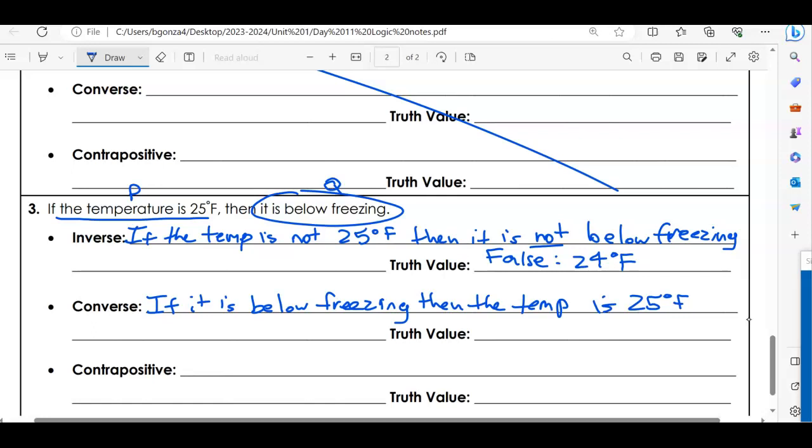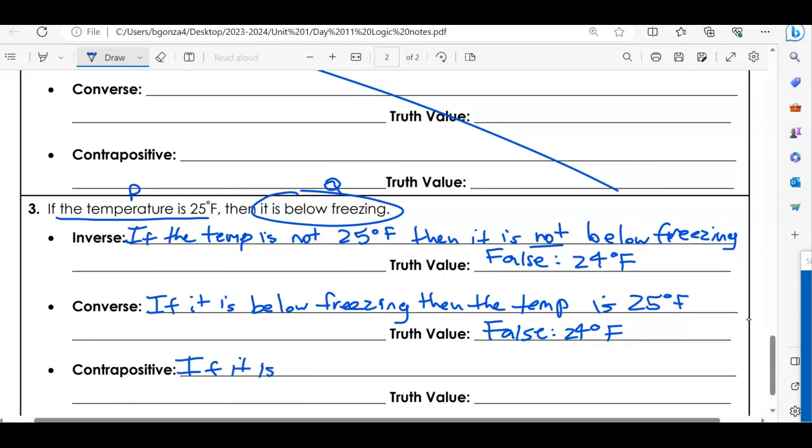But again, this says everything freezing is 25. That's not true, okay? Again, it could be 24 degrees. 24 is below freezing, but it is not exactly 25. Okay, last one, switch the order and make it opposite.